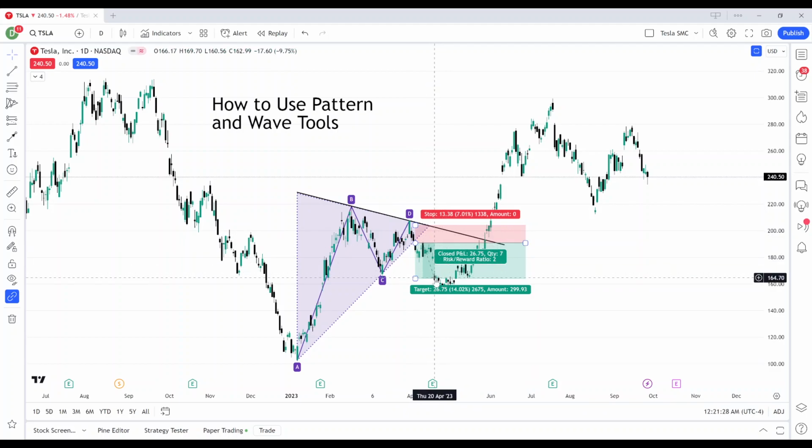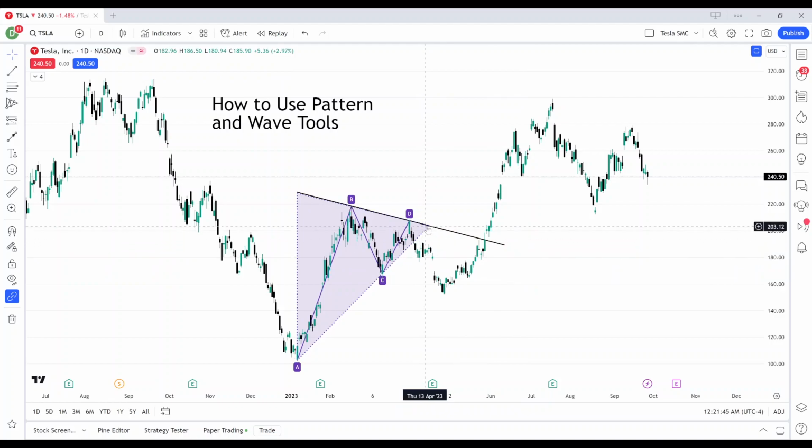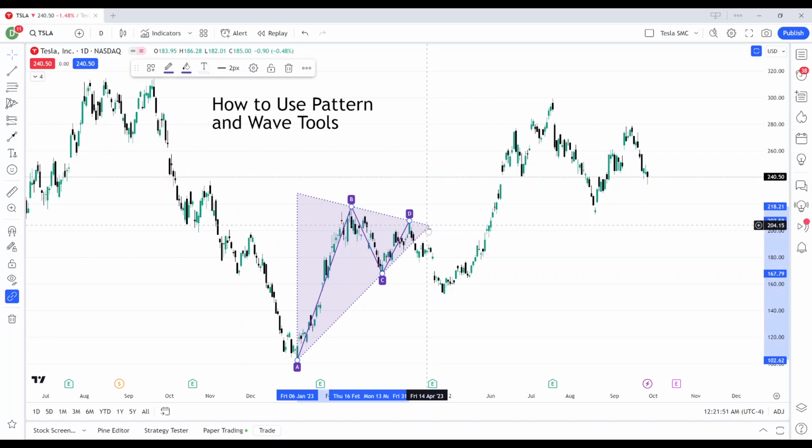Price hit it, and that took 1, 2, 3, 4, 5, 6, 7, 8, 9, 10, 11 days to hit your target. Again, on daily charts, you're playing longer term positions, whether that's options or stocks. Okay, so that is how to play and how to use a triangle pattern tool on TradingView.